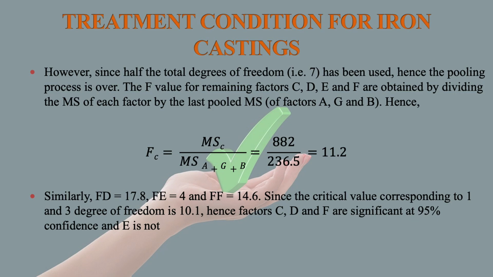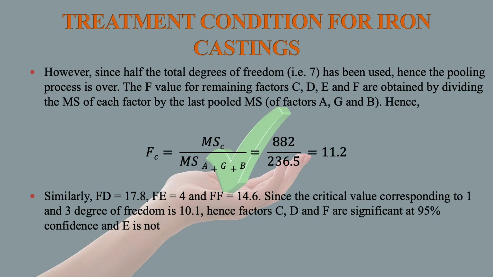The F value for the remaining factors C, D, E and F are obtained by dividing the MS of each factor by the last pooled MS of factors A, G and B. Hence FC is equal to MSC by MS(A+G+B), that is equal to 882 by 236 by 5, that is equal to 11.2. Similarly, we calculate FD 17.8, FE 4 and FF is equal to 4.6.